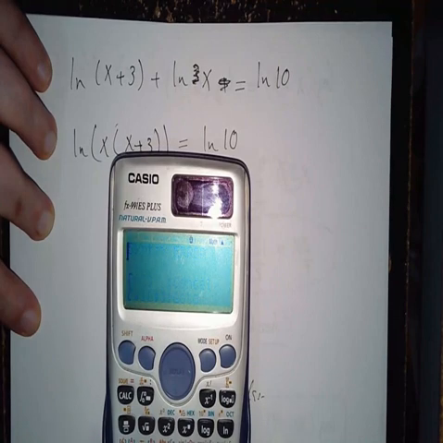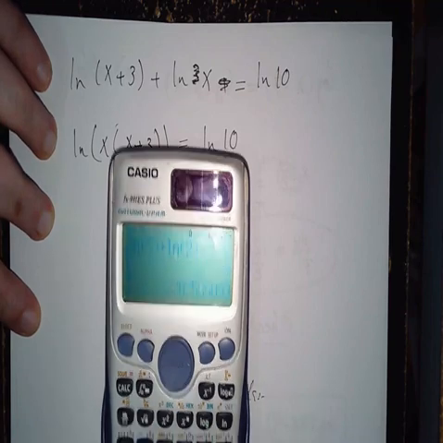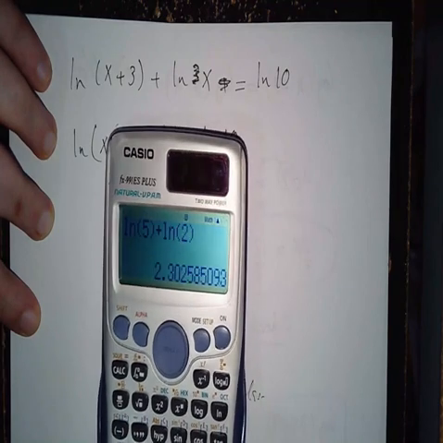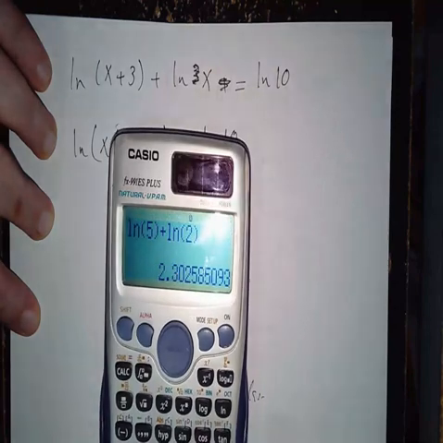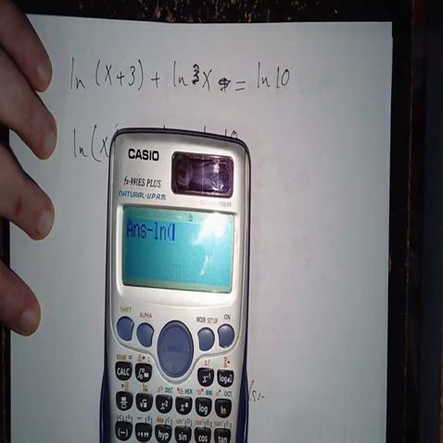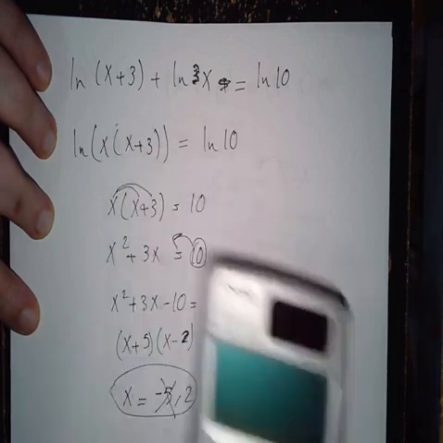We have log 5 plus ln of 2, giving me this number, which is 2.30258, the same number we just saw. And if I subtract natural log of 10, the difference is going to be 0. So it's the same answer.